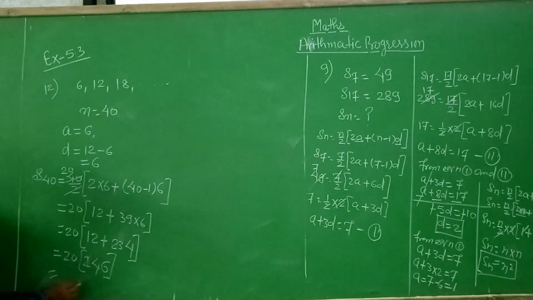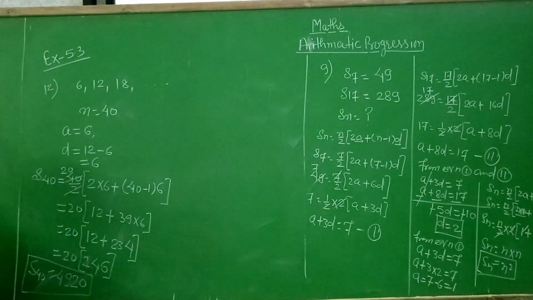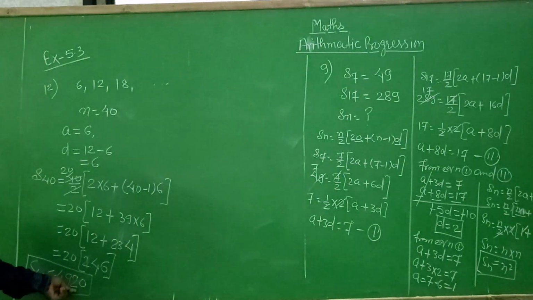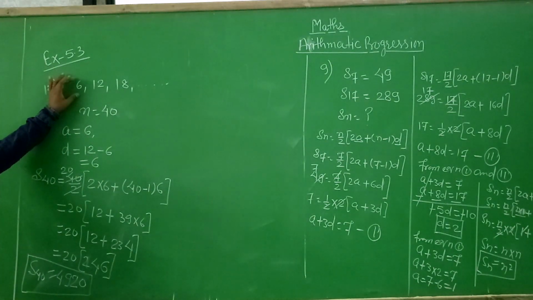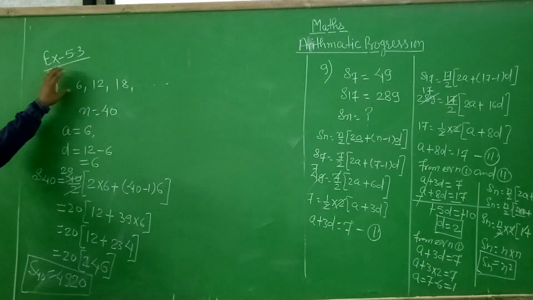Multiply with 20: 0, 2 sixes are 12, 2 fours are 8 plus 1 is 9, and 2 twos are 4. So S40, the sum of the first 40 terms divisible by 6, is equal to 4920.